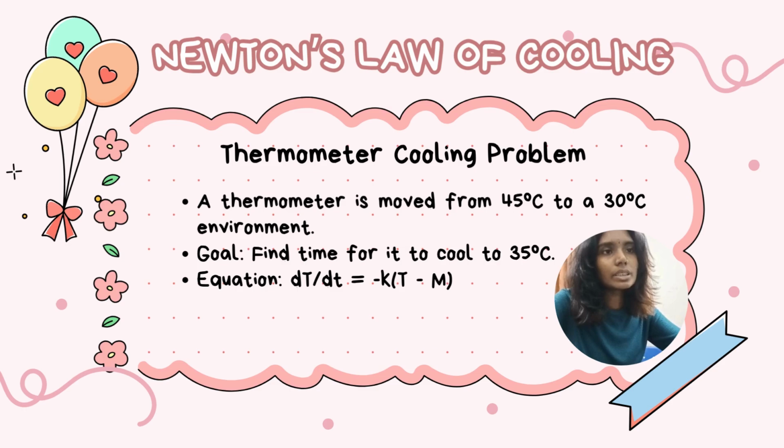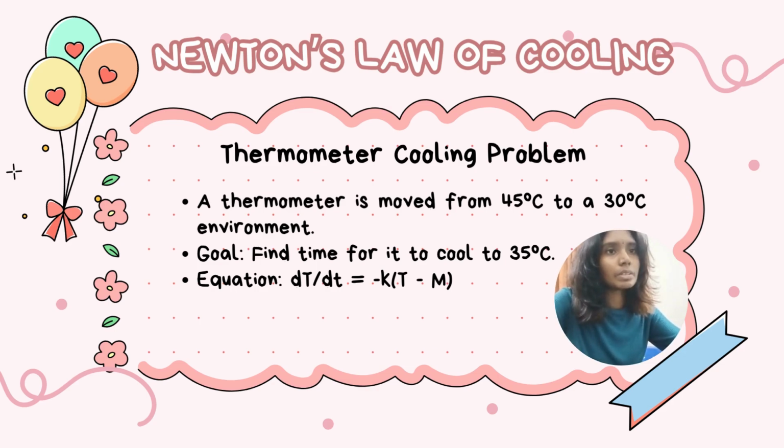To find when T equals 35 degrees Celsius: 35 equals 30 plus 15 e to the power of negative kt. So 5 equals 15 e to the power of negative kt, which gives e to the power of negative kt equals 1 by 3.